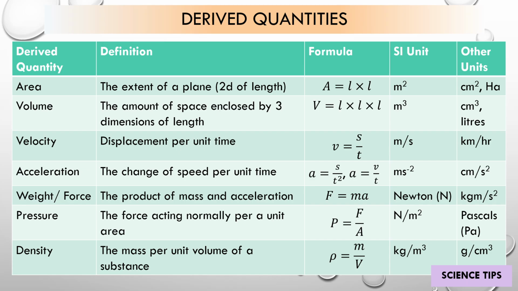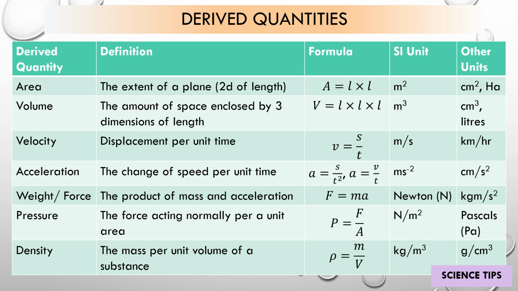Maybe I can talk about weight. Weight is the same as force. It's a product of mass and acceleration, and this comes from the second law of motion, Newton's second law of motion, and that's why the SI unit for weight is actually newtons, not kilograms, newtons.